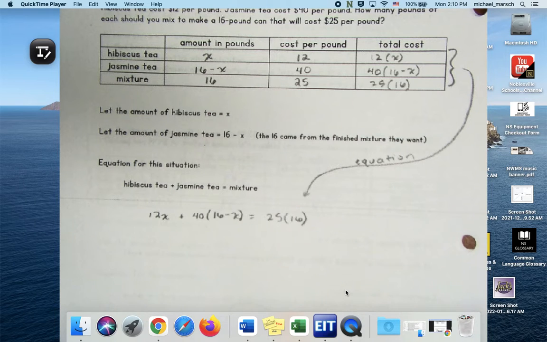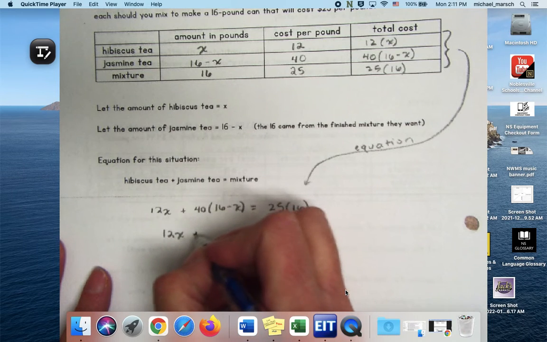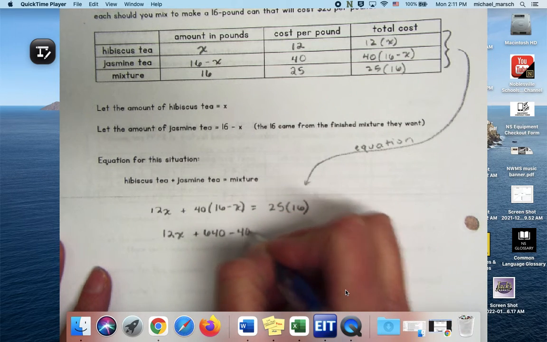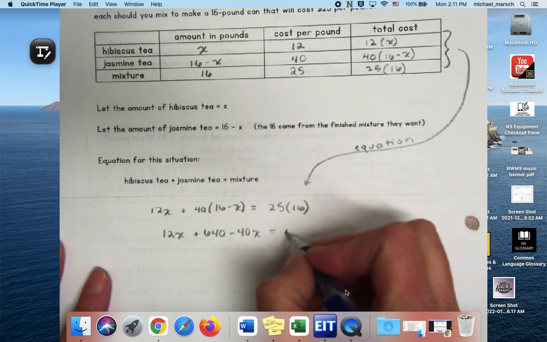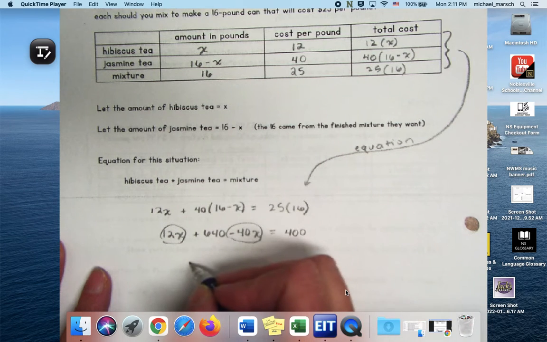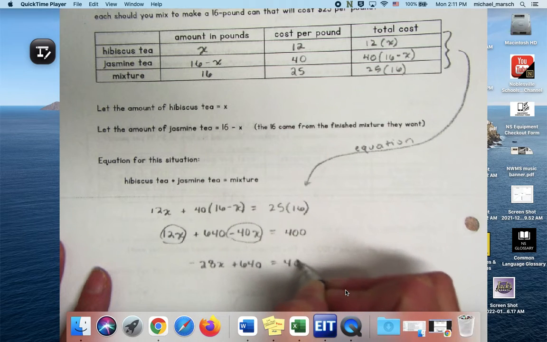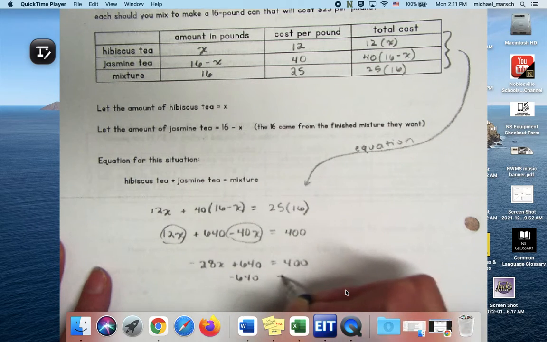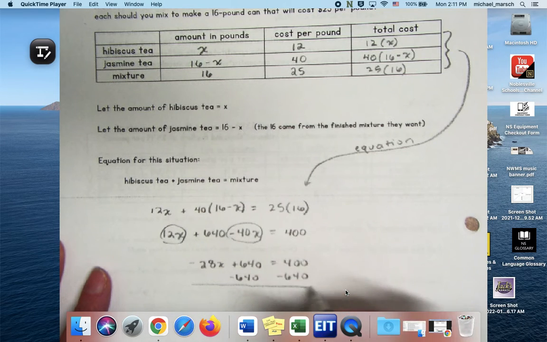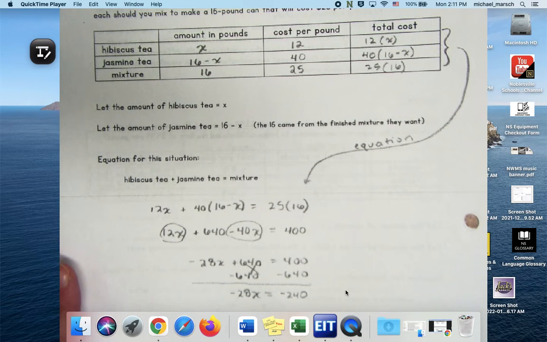We will compare our answers. It's not going to be a perfect number for this. You're going to have to round to the nearest tenth.